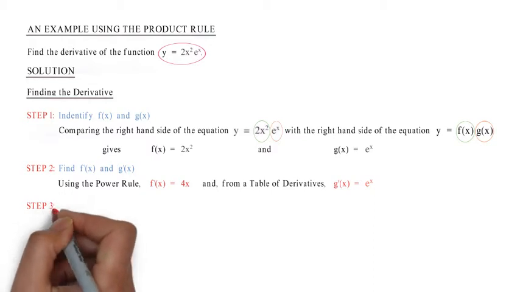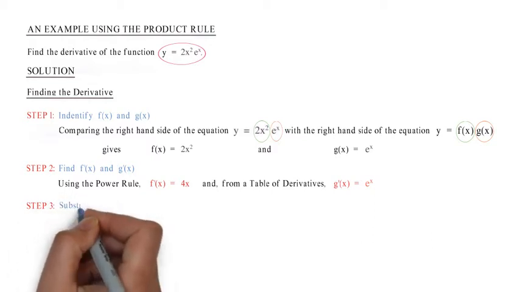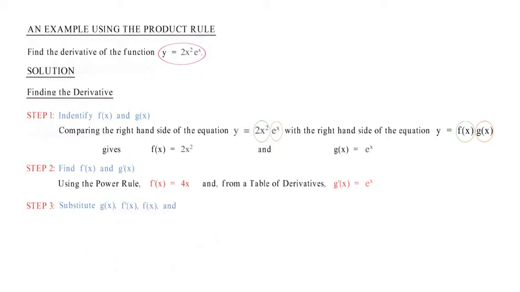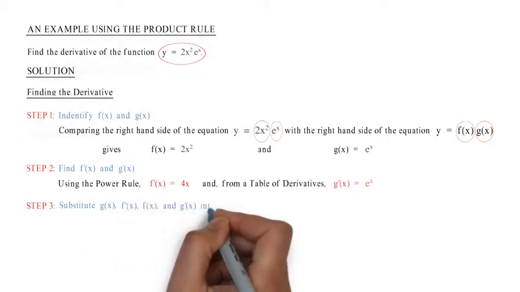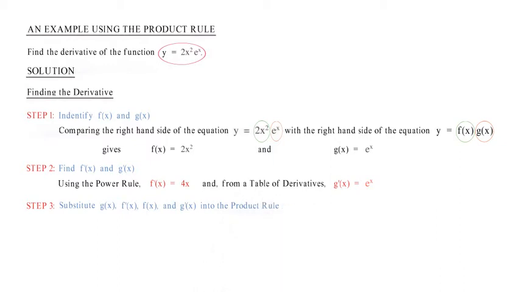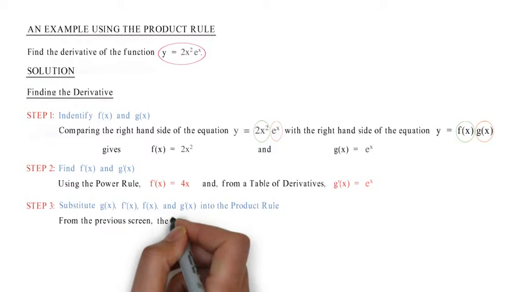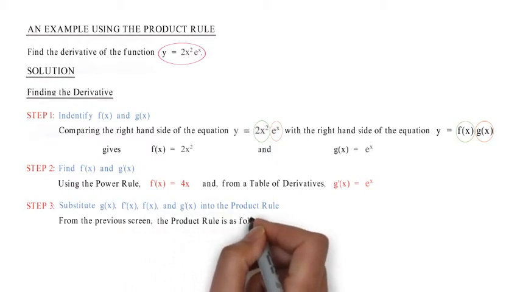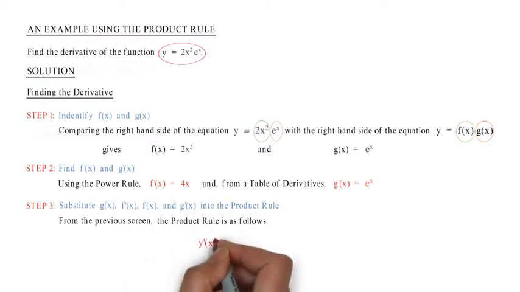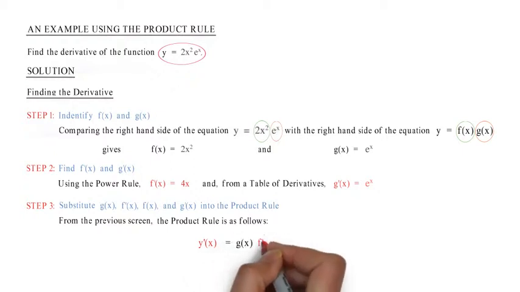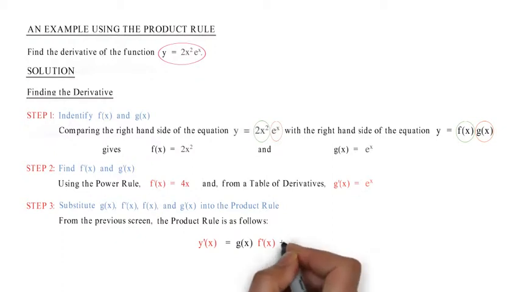Step 3. Substitute g(x), f'(x), f(x) and g'(x) into the product rule. From the previous screen, the product rule is as follows: y'(x) equals g(x) times f'(x) plus f(x) times g'(x).